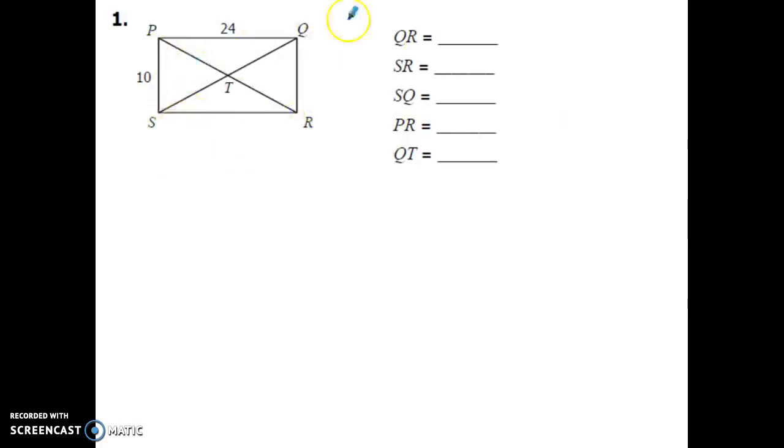We don't necessarily need that for this. However, my second property does say that opposite sides are congruent. So I know these 2 sides are congruent, and I also know these 2 sides are congruent. So right off the bat, I know 10. This will also be 10, and because SR is opposite to PQ, that's going to be 24. So QR ended up being 10, SR ended up being 24.